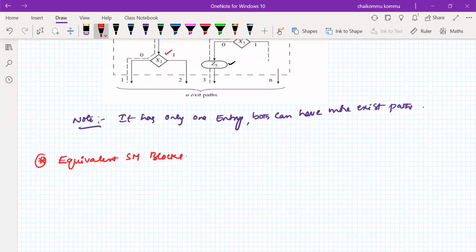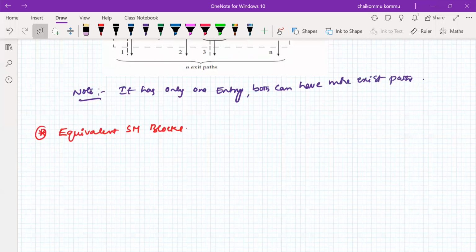If two blocks can be said to be equivalent, that means the SM block is not unique. SM block can be modified in order to perform the same operation. Therefore there is no unique SM chart for a particular application. That application can be understood by different ways of SM blocks. So many methods are there.